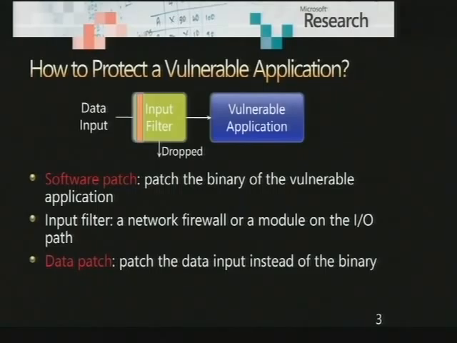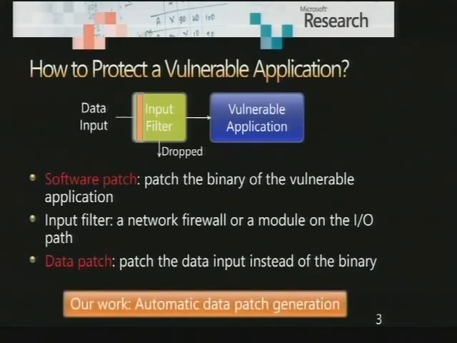The advantage of a data patch compared with a software patch is that a software patch is hard to roll back and time consuming to do. For a data patch, we can roll out quickly, and if things change or don't work very well, we can easily take it away because it's just a filter. So our work is focused on automatic data patch generation.